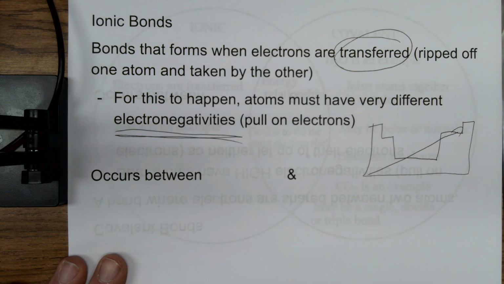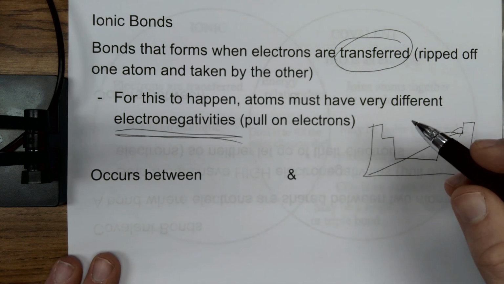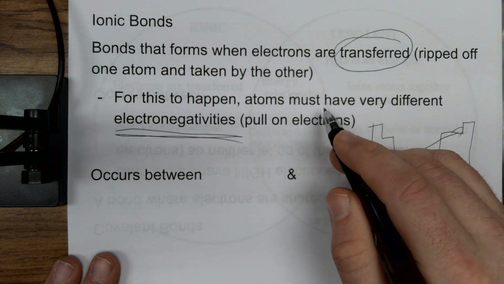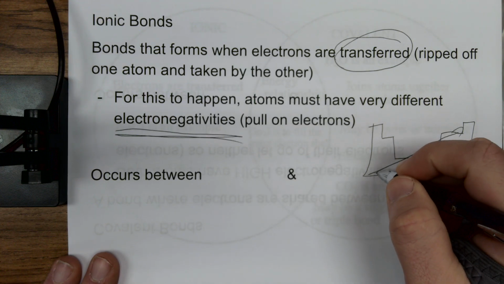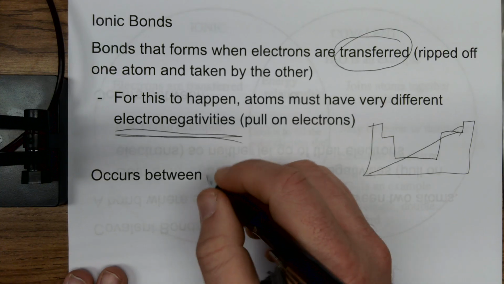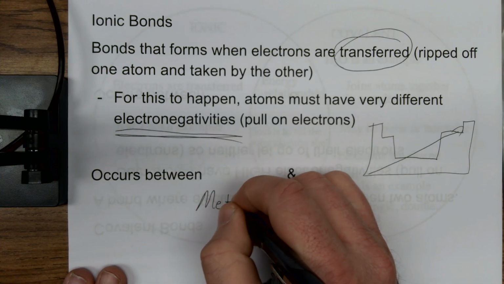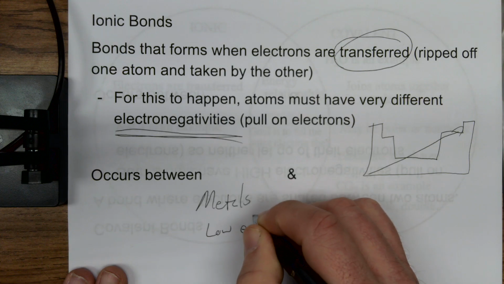So it's going in this manner. So, if I'm looking at my periodic table, I need 2 very different electronegativities. I see my metals. My metals have very low electronegativity, right? So this is going to occur between metals, low electronegativity.